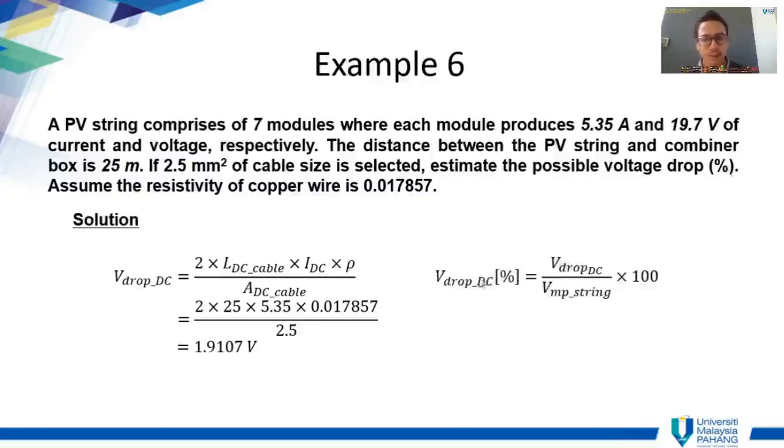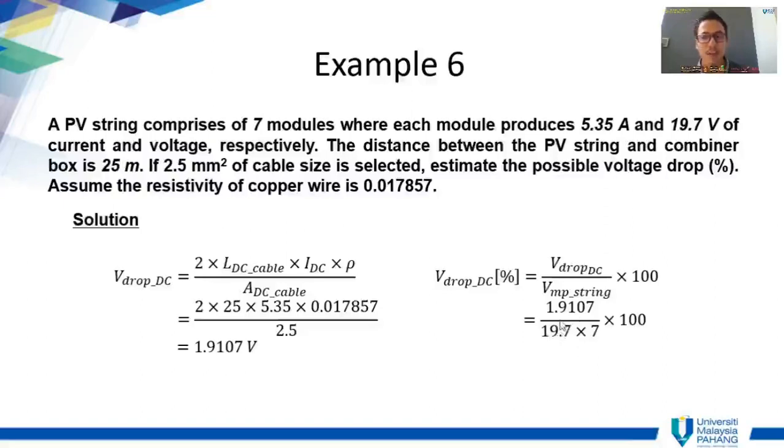But since they're asking for the possible voltage drop in percentage, how do we calculate the percentage? It's very easy. V drop DC percentage is equal to V drop DC over the VMP string, multiplied by 100. The VMP string is still applicable here, which is equal to 19.7 multiplied with 7.